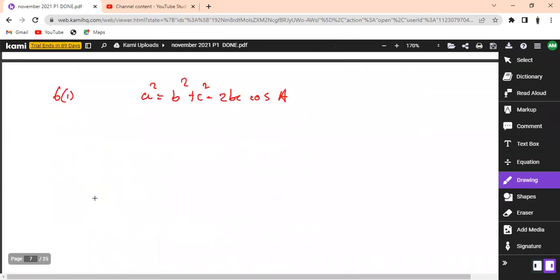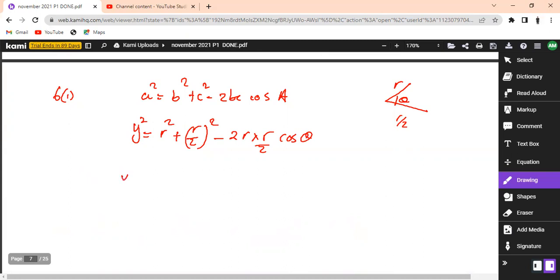So y squared is equal to r squared plus r over 2 squared minus 2 times r times r over 2 times cos of theta.